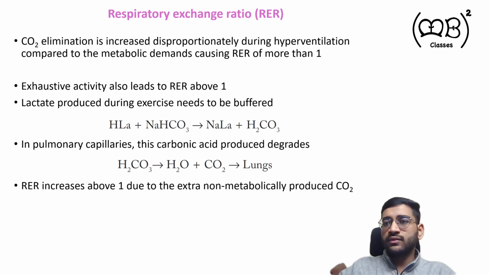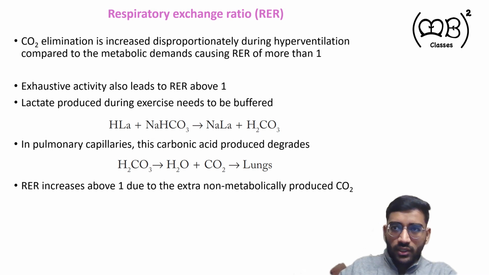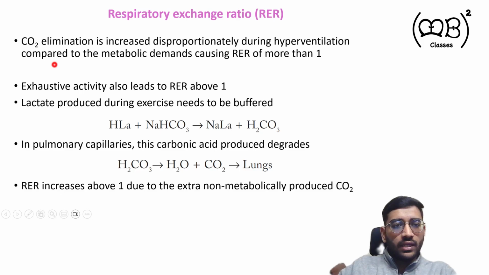So RER would be more than 1, because RER is carbon dioxide produced by oxygen consumed. More carbon dioxide is being produced than the oxygen we consumed at the cellular level. So this would cause an RER of more than 1. Also, during exhaustive activity like extreme exercise, more physical work, RER can go above 1. How?